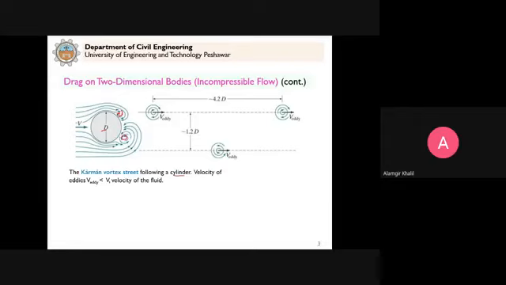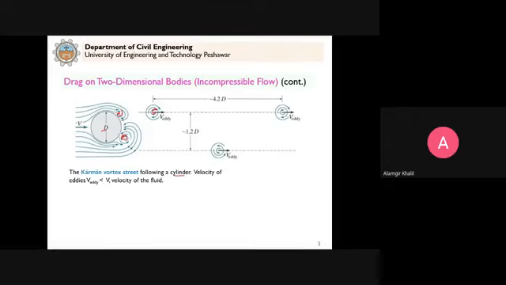We will later discuss the reasons for this. These vortices will form, and then they will shed from this cylinder and move in the downstream direction, meaning towards our right.